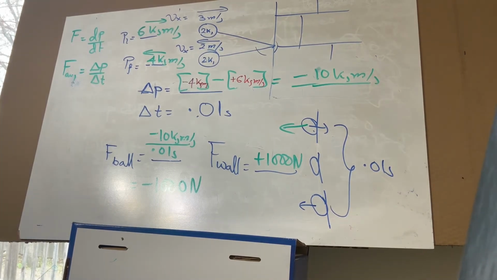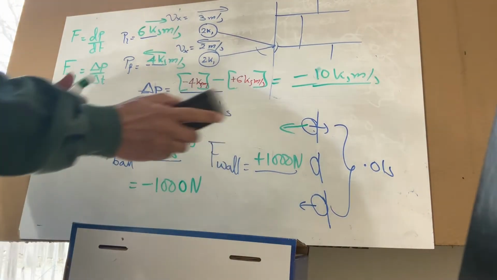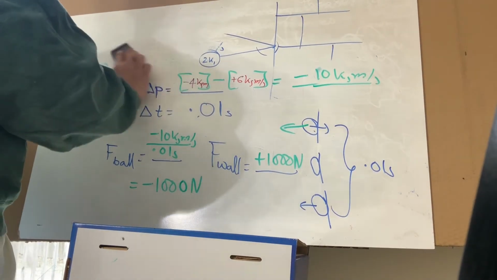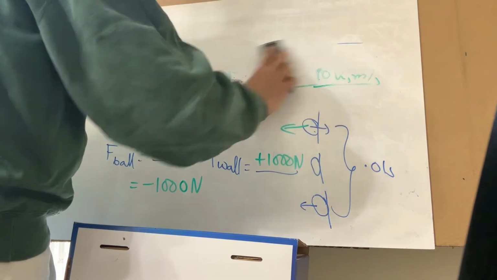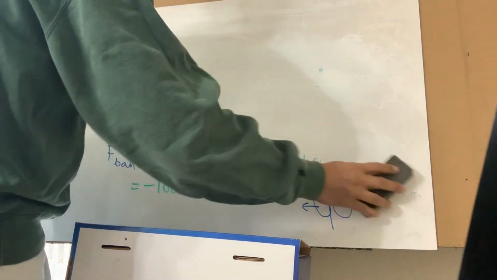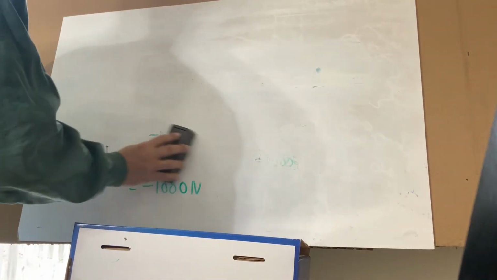Okay, so let's go to an important topic, and then I'll do a problem and we can close for the day. All right, so it's called conservation of momentum, and conservation of momentum problems are going to be many.